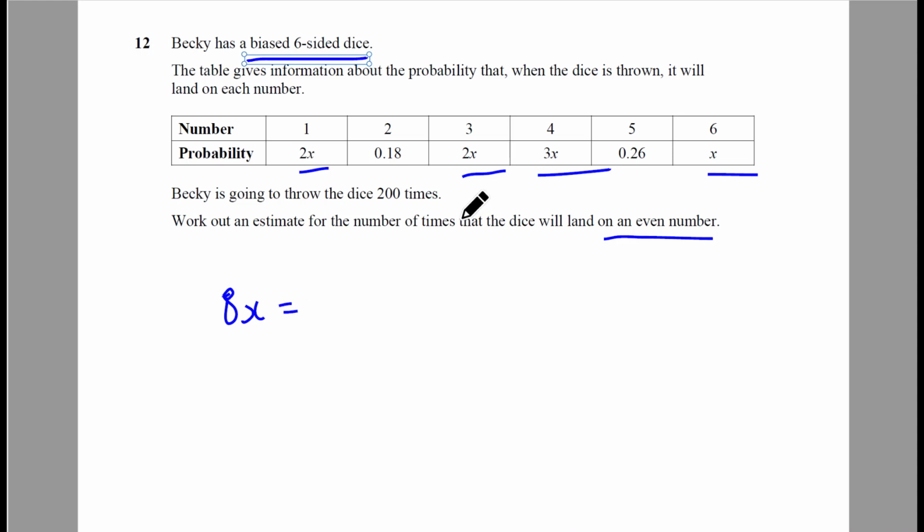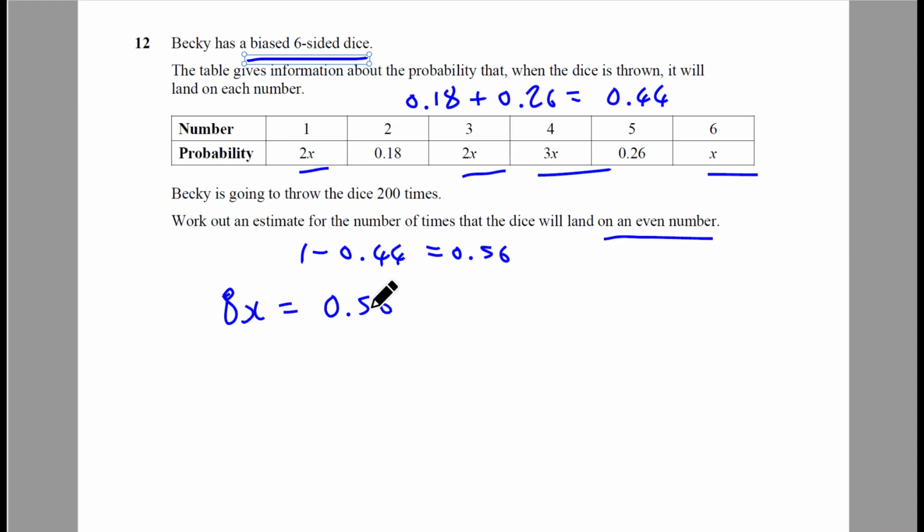has to equal what's left over. Well, we've got 0.18, add 0.26, that's 0.44. So 1 minus 0.44 equals 0.56. So that's 0.56.